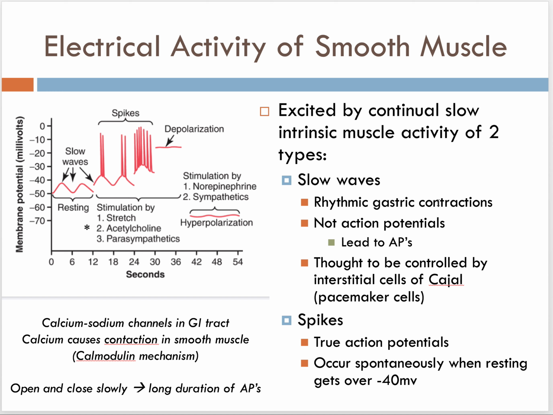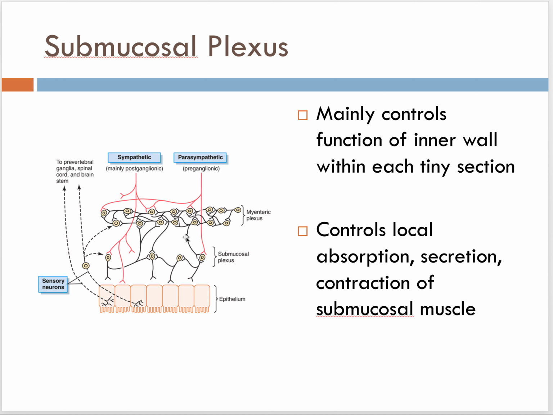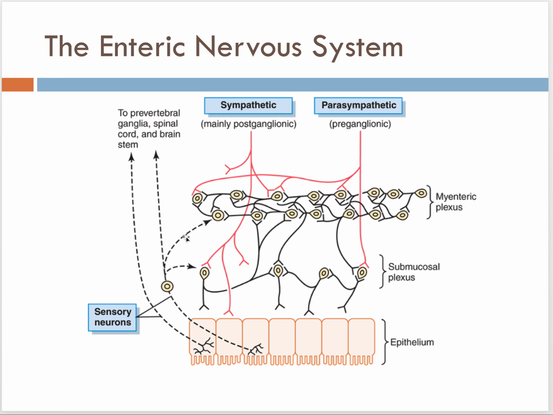Slow waves, which are generated by these pacemaker cells, and spikes, which happen with stretch, acetylcholine from the vagus, or parasympathetic drug activation.